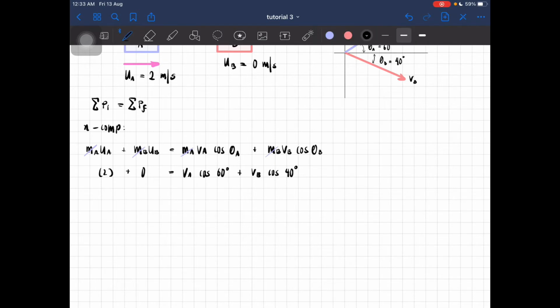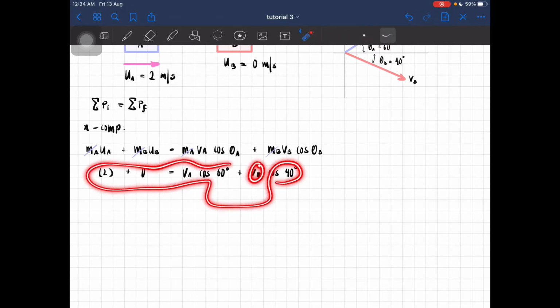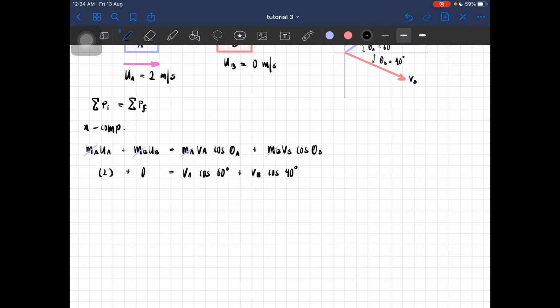So let's try that without me looking at the answer scheme. We are trying to let VB equal to all this. So VB cos 40 degrees equal to 2 minus VA cos 60 degrees.